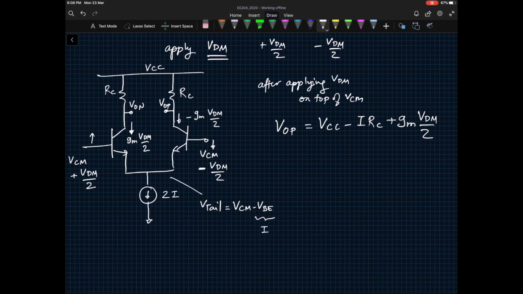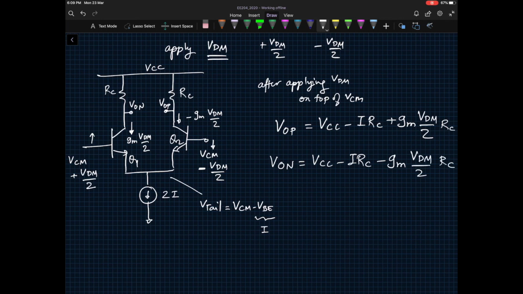That would be the current due to the transconductance of the transistor. This is Q2 and this is Q1. Okay, and multiply that current by RC. And similarly VON, that would look like VCC minus IRC minus GM VDM divided by 2 times RC.